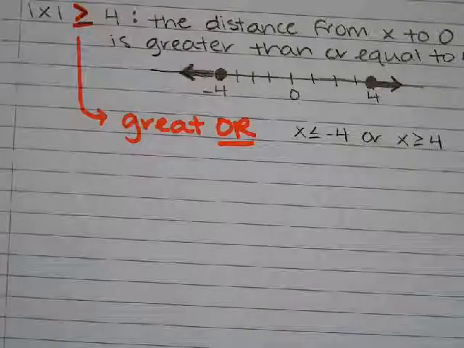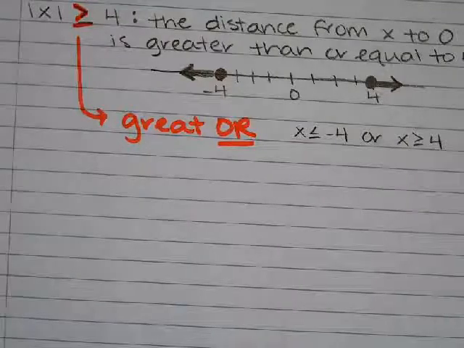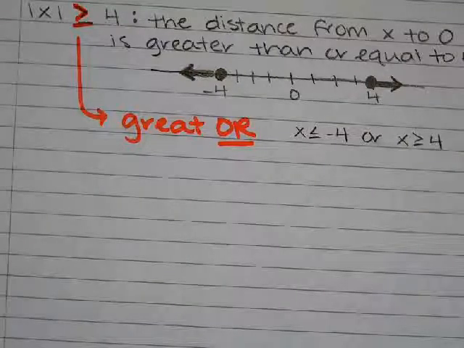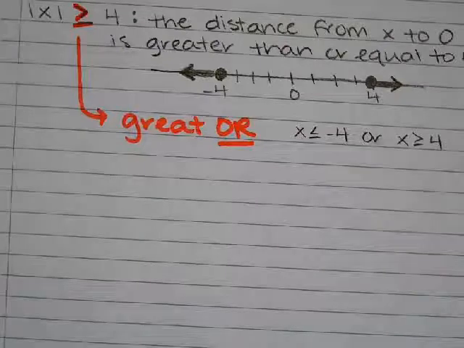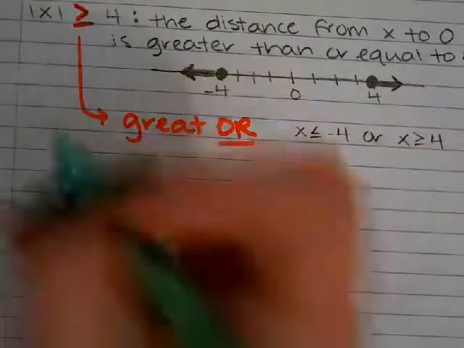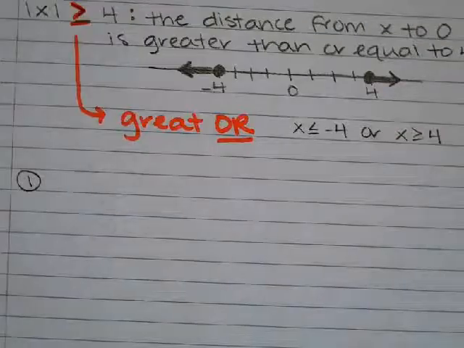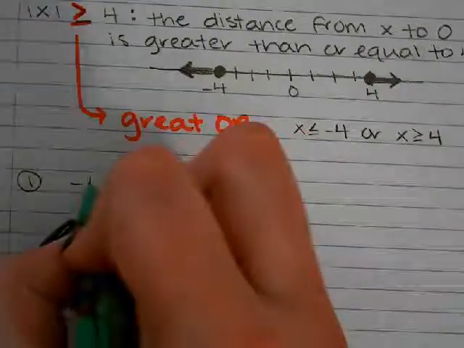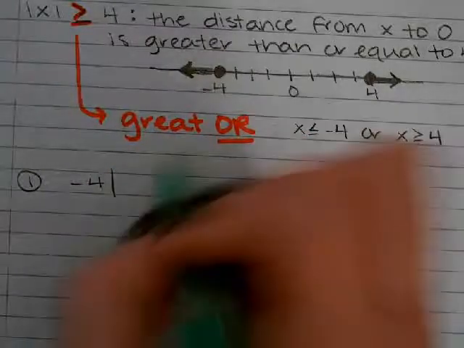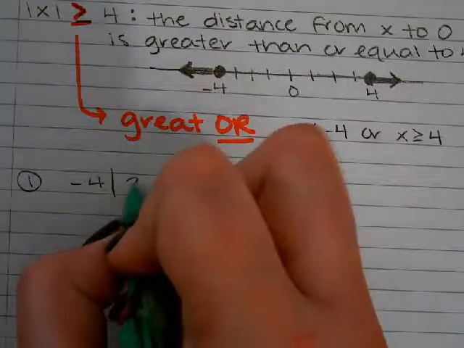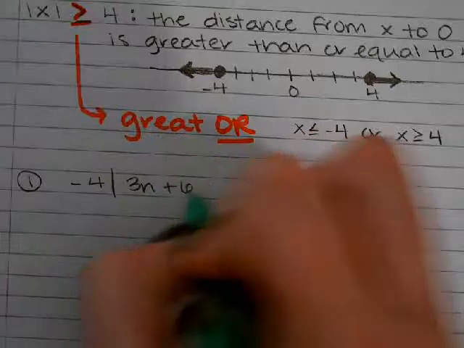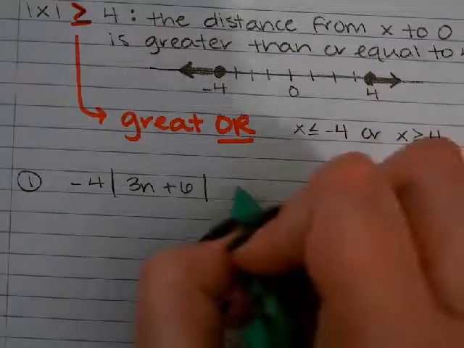Okay? All right, so here is example 1. We've got -4 times the absolute value of 3n plus 6 is less than or equal to -24. And it is still possible for us to have that negative distance and get an answer of no solution.